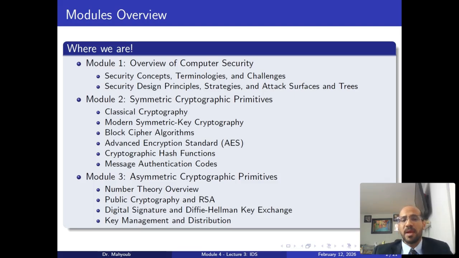First, let's zoom out for a second. Where does IDS fit into our big picture course syllabus? As you know, in Module 1, we laid the groundwork, security basic terminologies and design principles, and in Modules 2 and 3, we delved into cryptography, symmetric and asymmetric encryption, hashing, digital signature, and yes, the math was intense, but you survived.